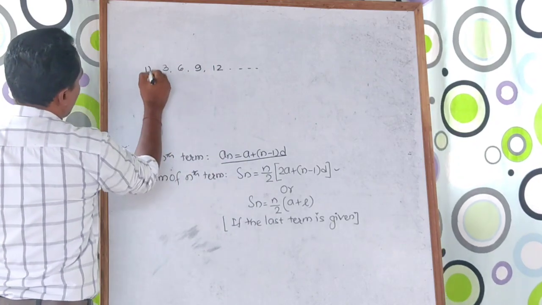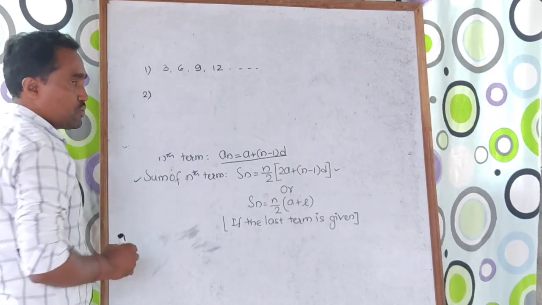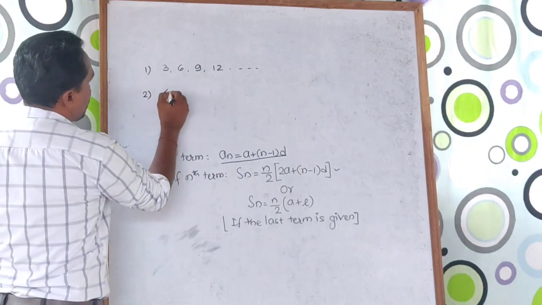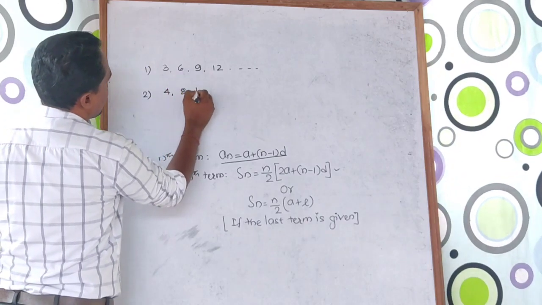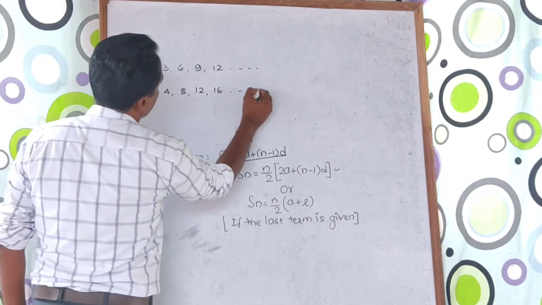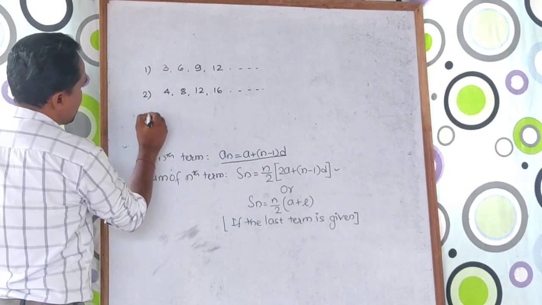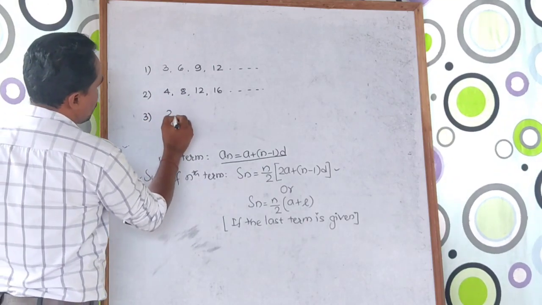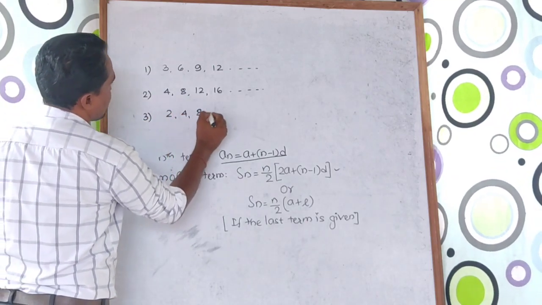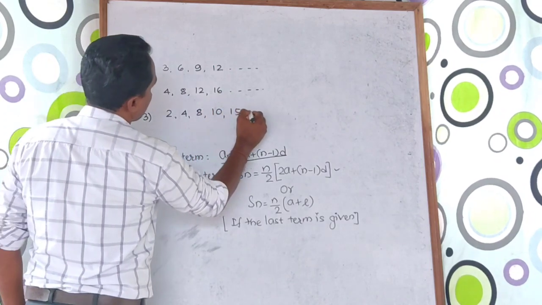This is example number 1. If I take example number 2, 4, 8, 12, 16. If I take the third example like 2, 4, 8, 10, 15.